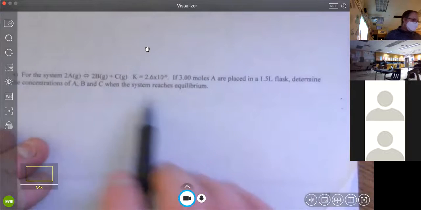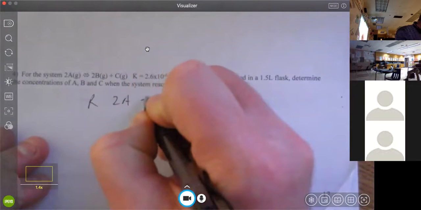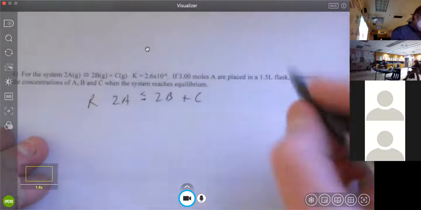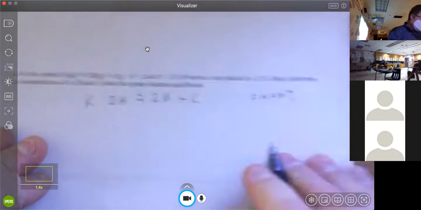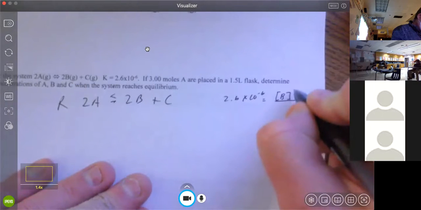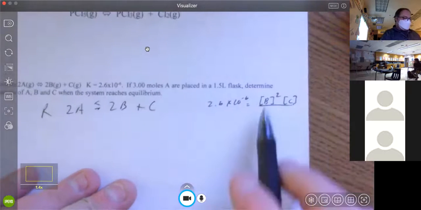For the system 2A, so we have our reaction. 2A yields 2B plus C. K sub EQ equals 2.6 times 10 to the negative 6th. We have B squared times C. Apparently people want to add these.